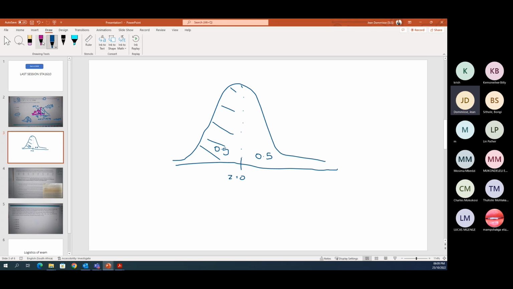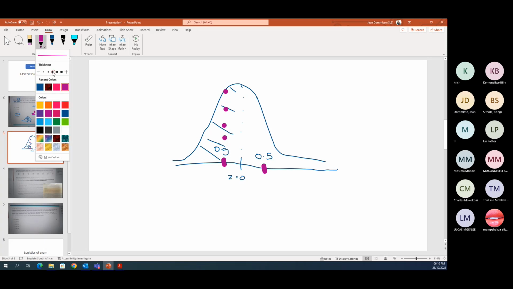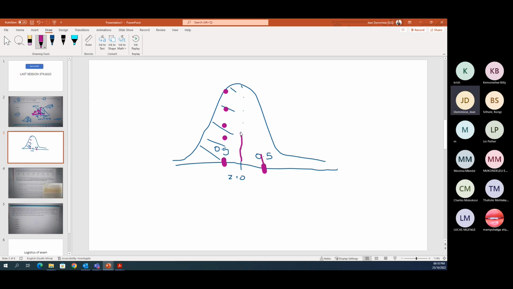So if we get values that is sitting here and here, the only thing that we need to get is what this portion is, because the other portion is 0.5.